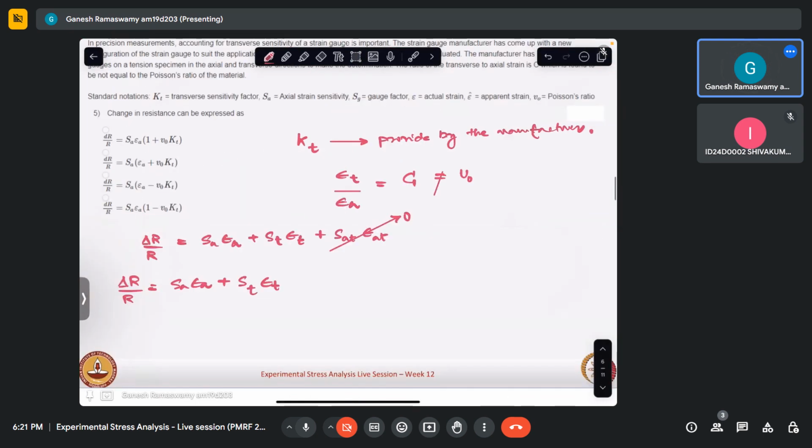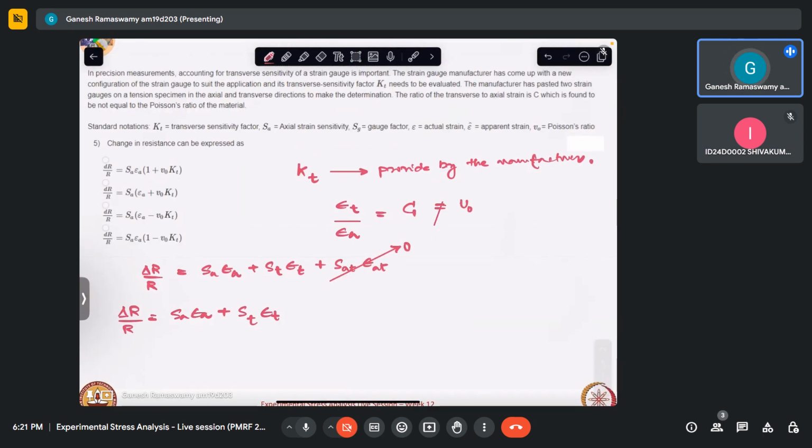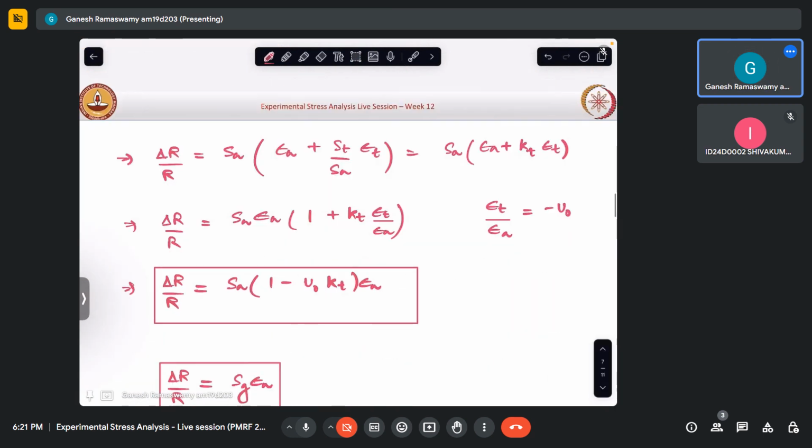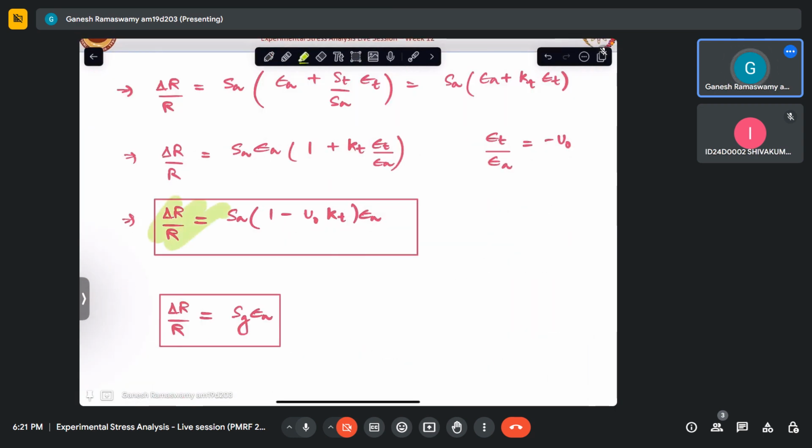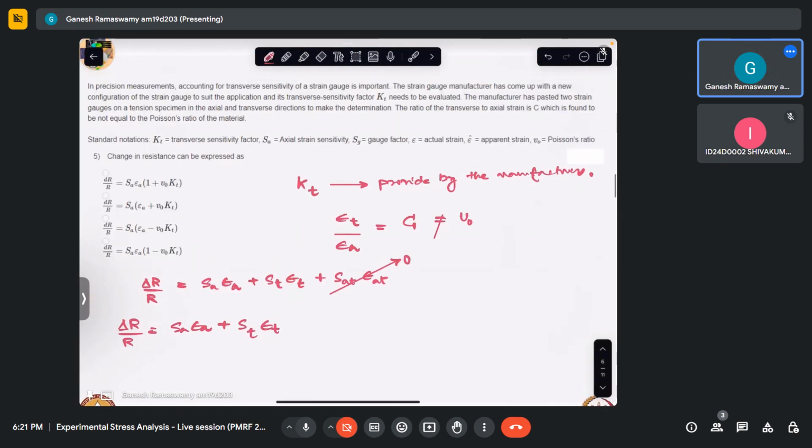So here the question says delta R by R can be expressed from which of the following. We can see that delta R by R is Sa into 1 minus mu naught Kt into epsilon A. So if I were to see these options, Sa into 1 minus mu naught Kt, I can get option D from here.